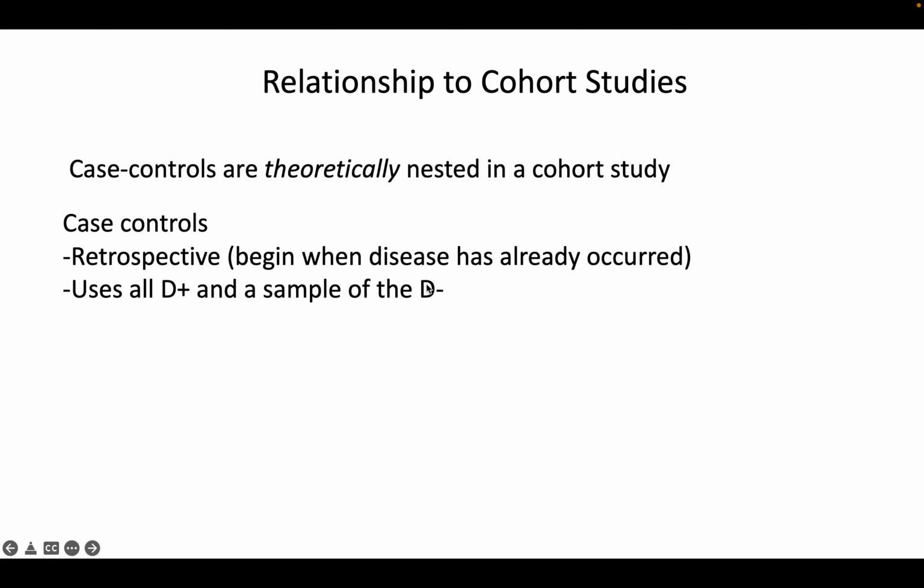So you kind of have your pick of disease negative people and you take a sample of them. You prioritize getting disease positive people into the study. You would rarely exclude people that are disease positive unless there's some exclusion criteria that they have.